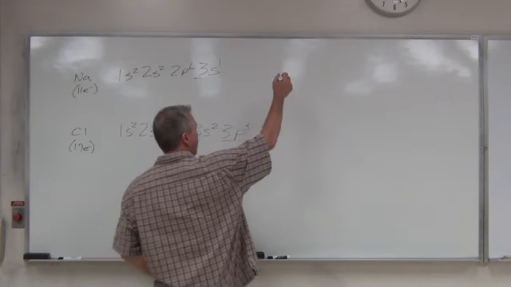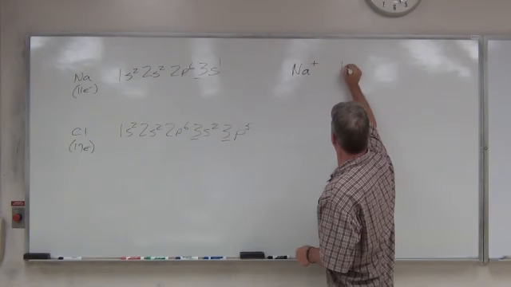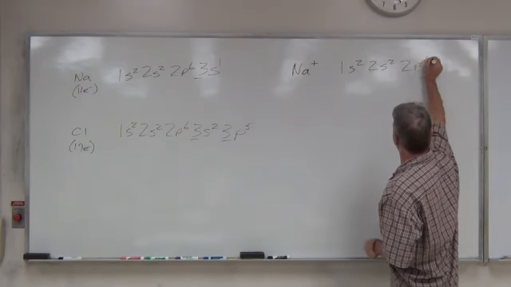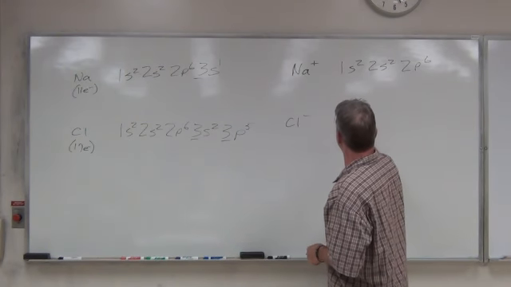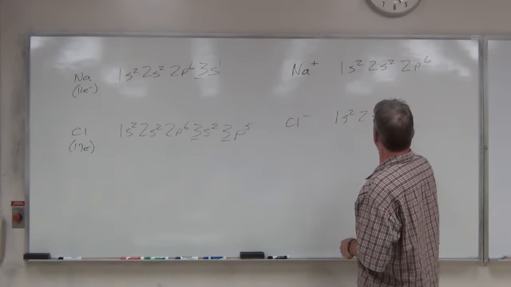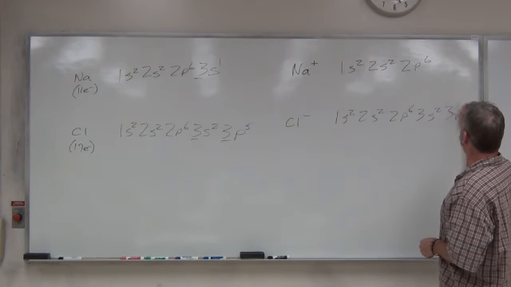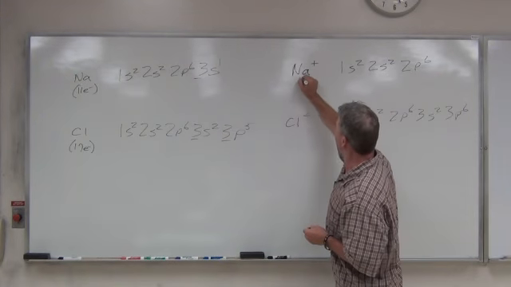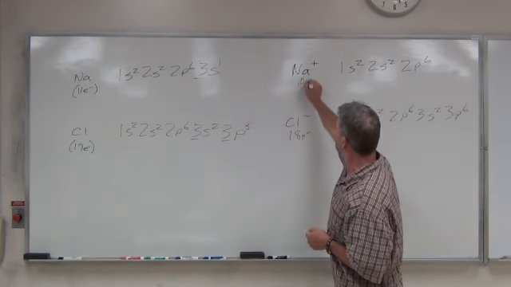So let's move the electron. Sodium plus, and Cl minus. Sodium plus now has 10 electrons. Cl minus has 18 electrons.